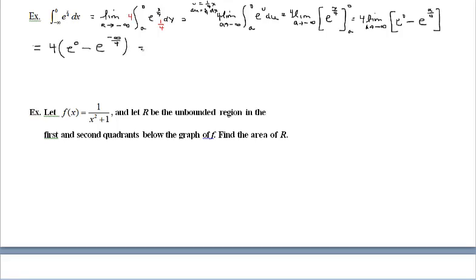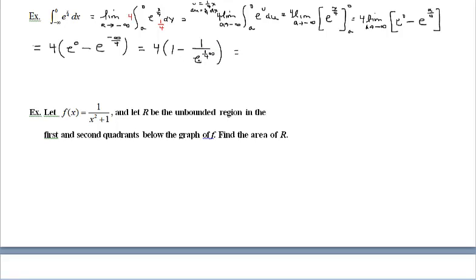Okay, so we're going to have to work on that a little bit. If you wanted to, you could rewrite this as a fraction, 1 over, pulling the e to the denominator, 1/4 infinity.